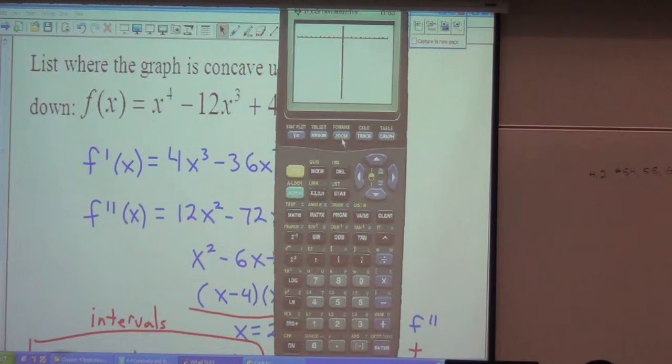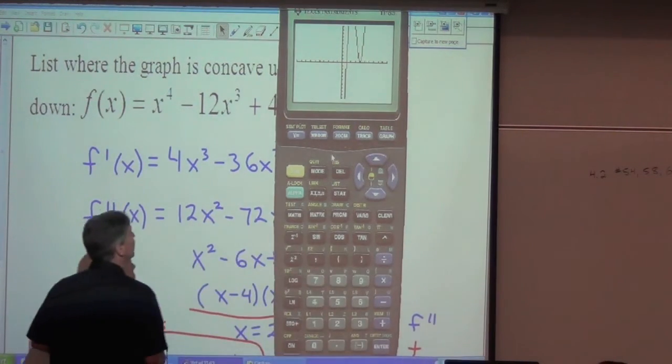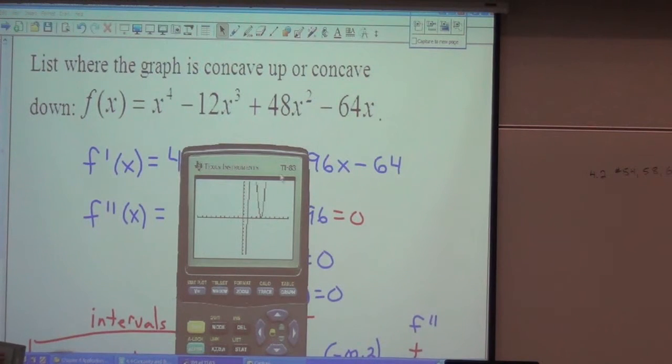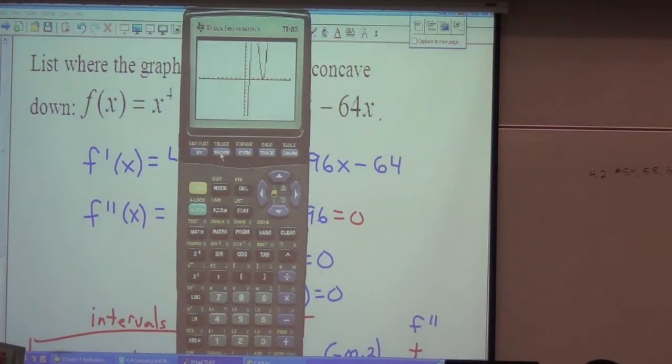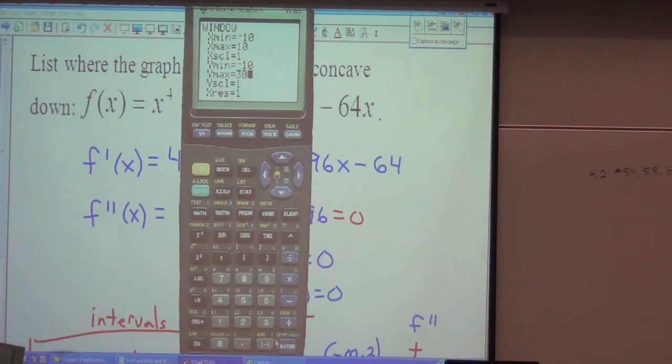Now, I'm going to go back to Zoom 6, Standard. A couple of interesting things when I look at this here. We let it go a little higher. I want the y to stay the same.